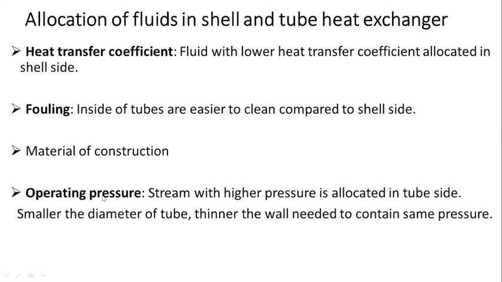Then material of construction: expensive materials of construction are preferred in the tube side. Like expensive tubes, when compared to shell. If the fluid we are handling is corrosive and has high temperature, then the material of construction in the tube side should be compatible.